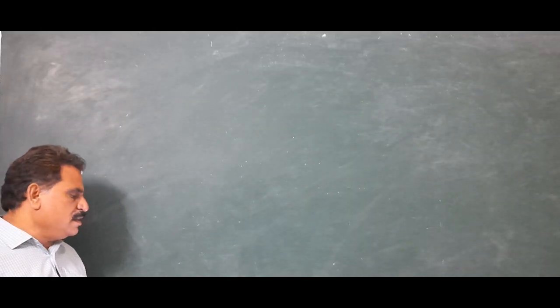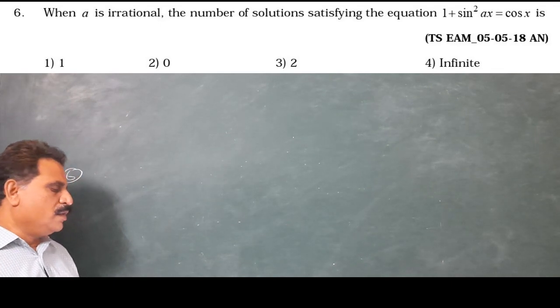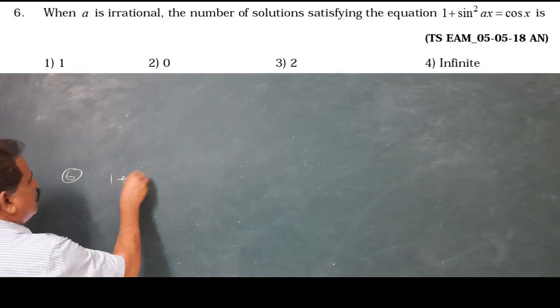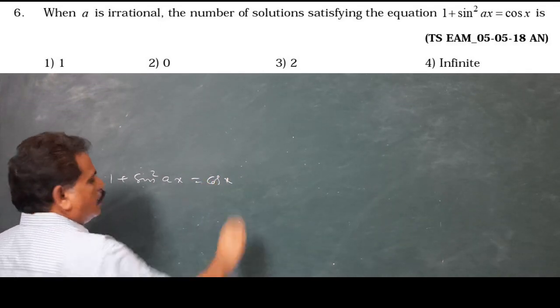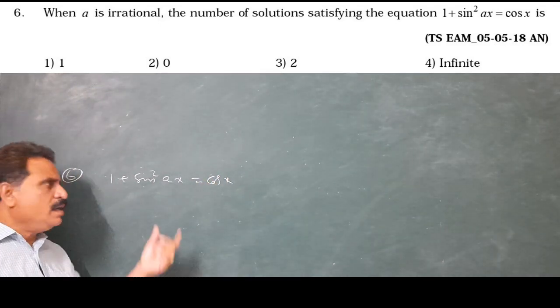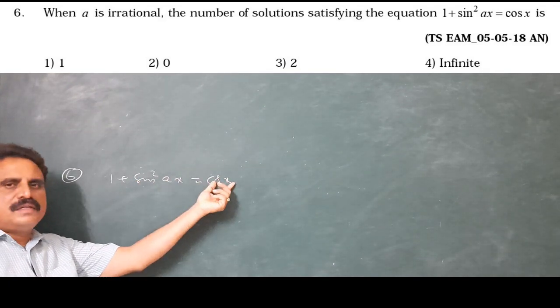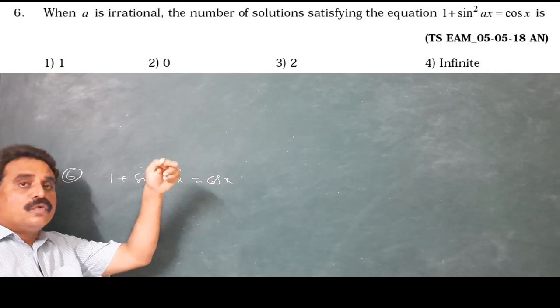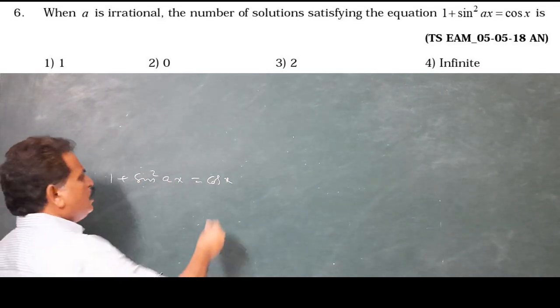Problem number 6. When a is irrational, the number of solutions satisfying the equation 1 plus sin square ax equal to cos x. 1 plus sin square ax is always greater than or equal to 1. But here cos x is always less than or equal to 1. So each side is equal to 1.